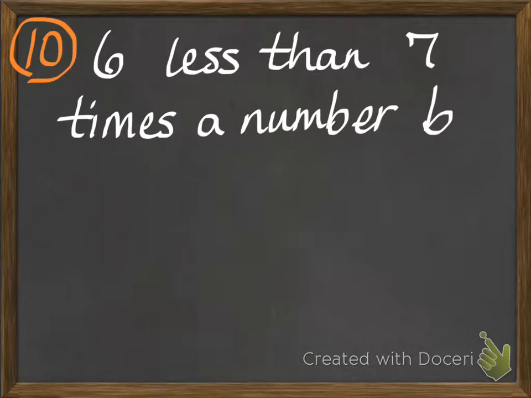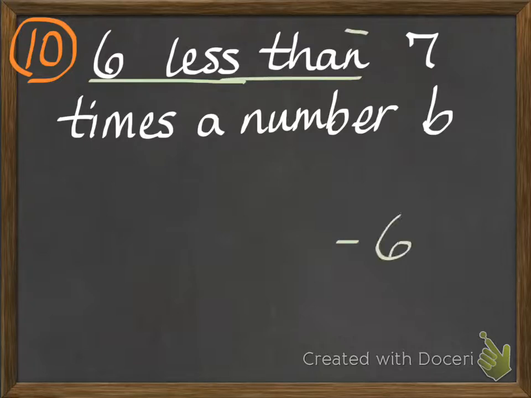Number 10, 6 less than 7 times a number b. Okay, so again, they are giving you some information here at the beginning that you're going to put on the end of your equation. 6 less than, I know less than means subtraction.